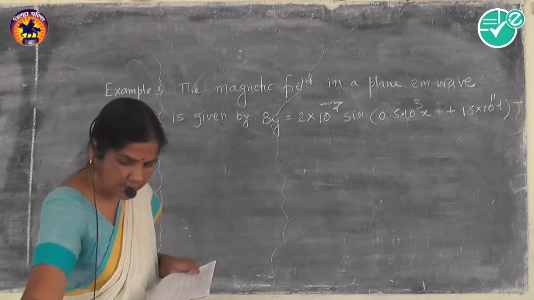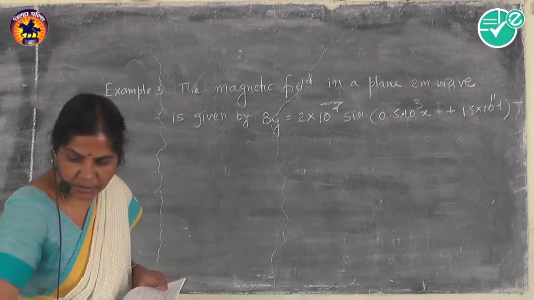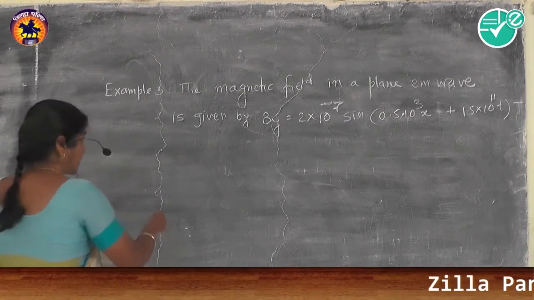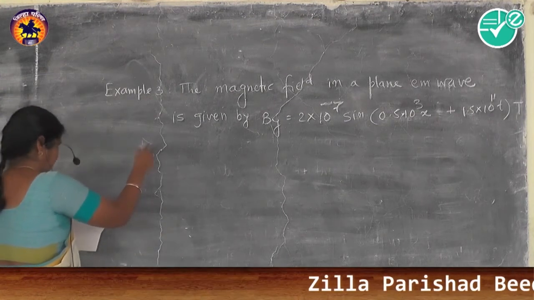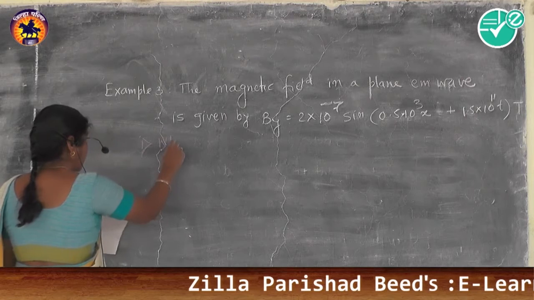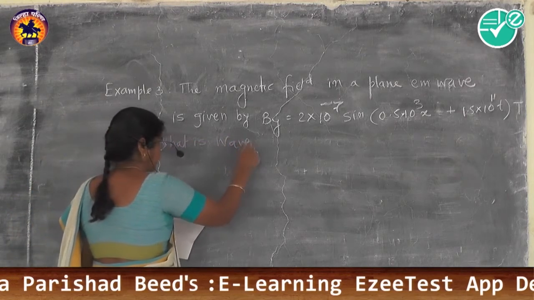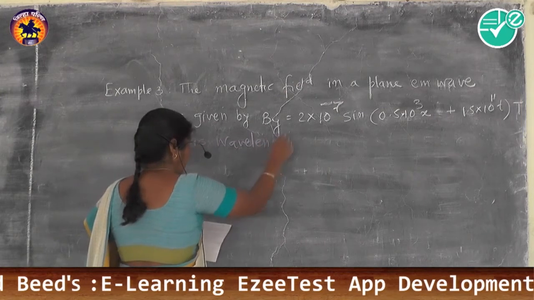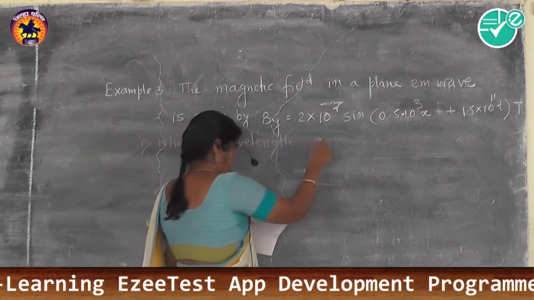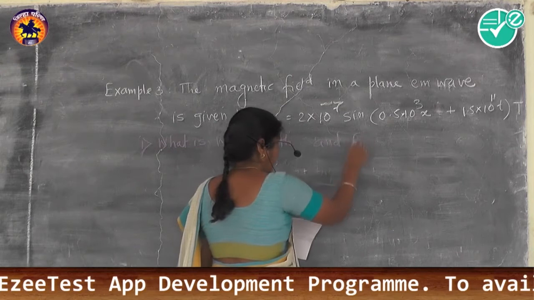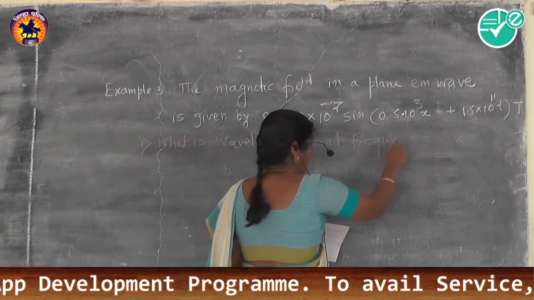Then what is asked here? First, find the wavelength and frequency of the wave.